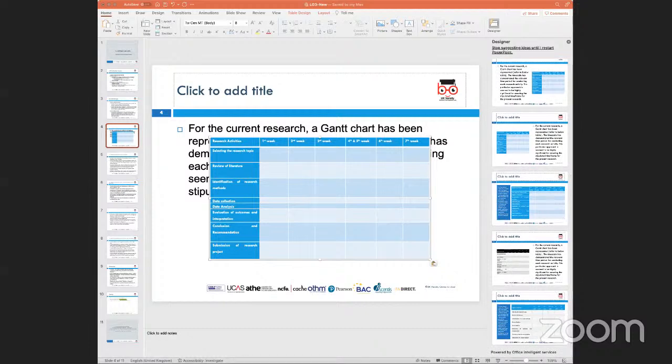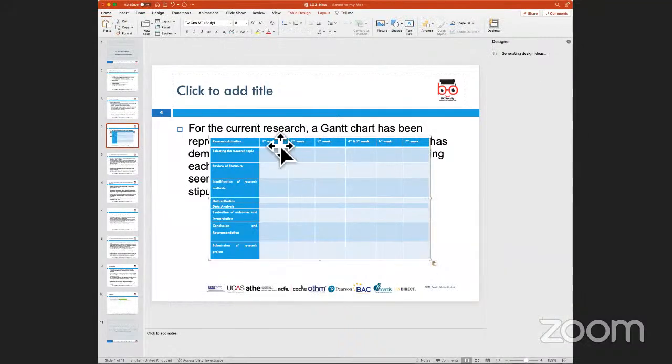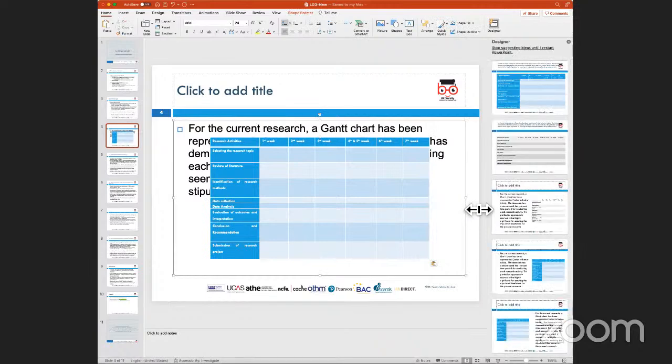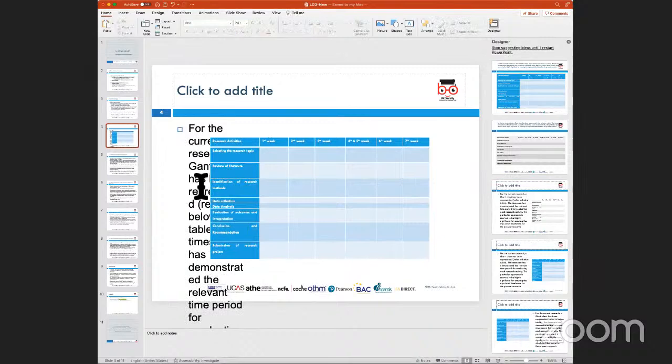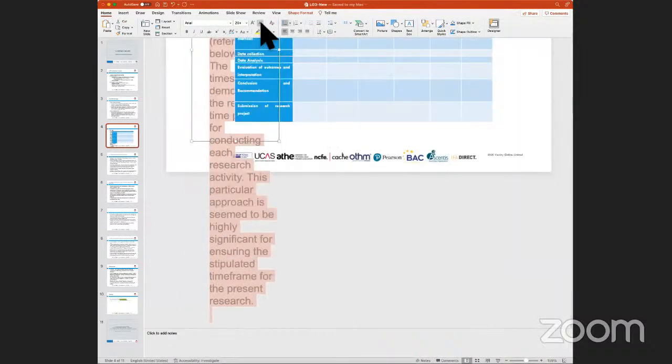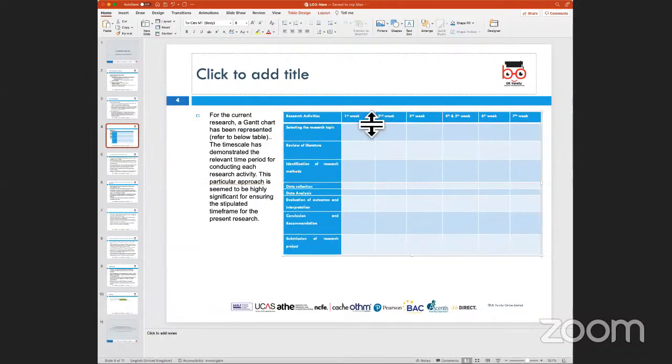So if I look at a timeline, what you are doing when drawing it is defining a series of activities that you're going to carry out. And these activities are going to dictate the outcomes of your research.